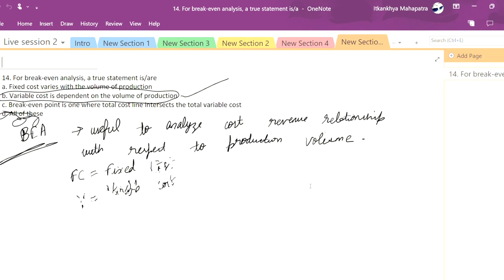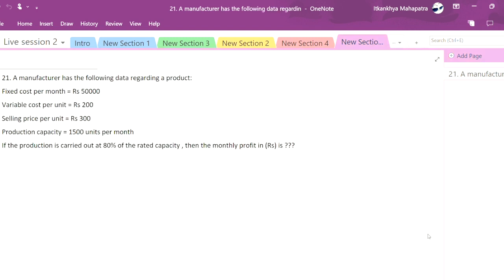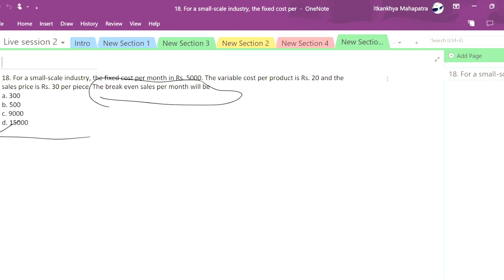Profit is equal to total revenue minus total cost. Break-even point is equal to fixed cost divided by selling price minus variable price. This is about break-even analysis. We solved many questions on it, which you will get in the slides. You can refer to them again if you have any doubts.